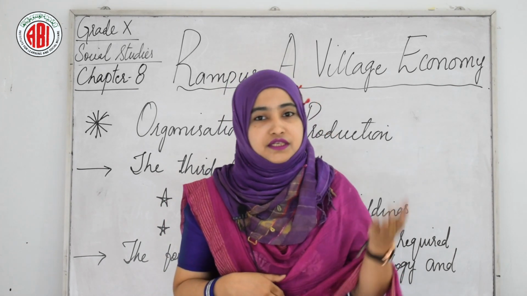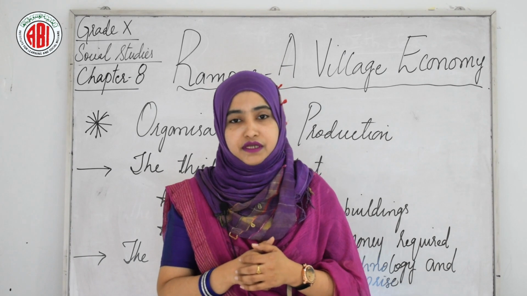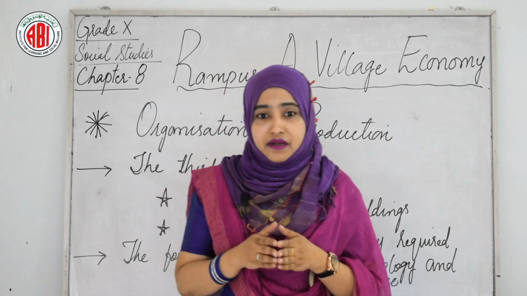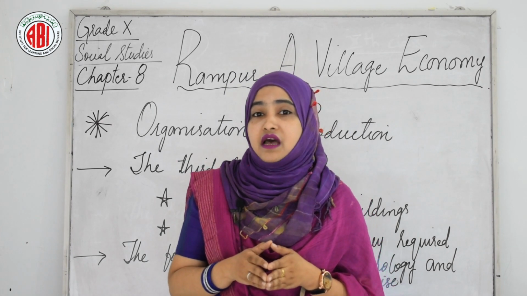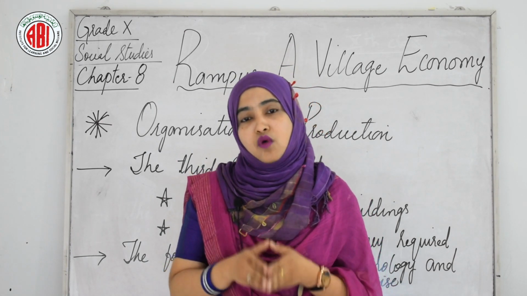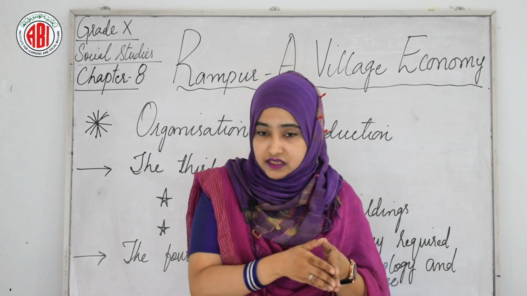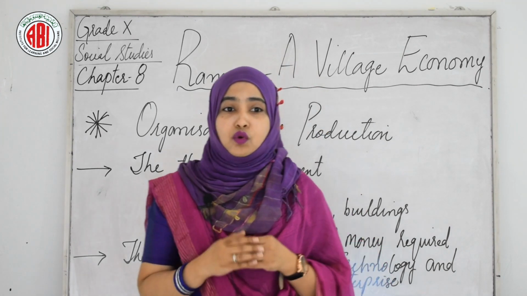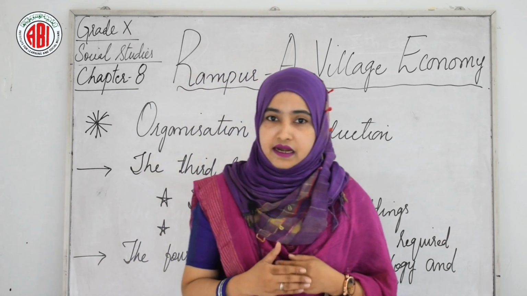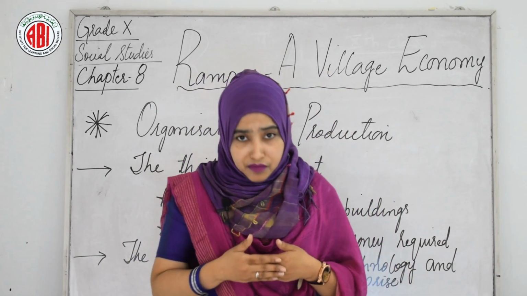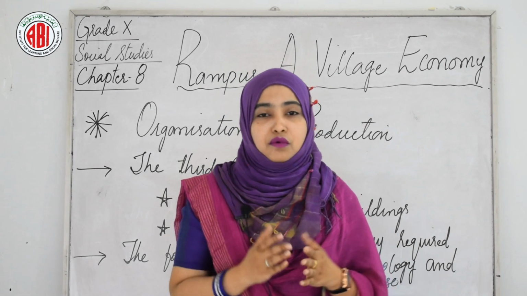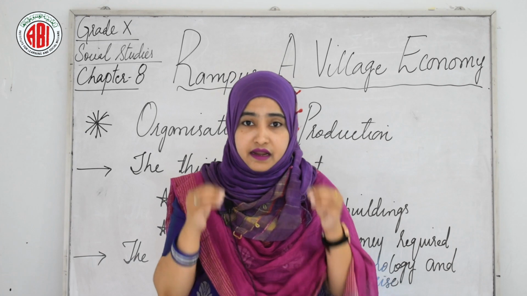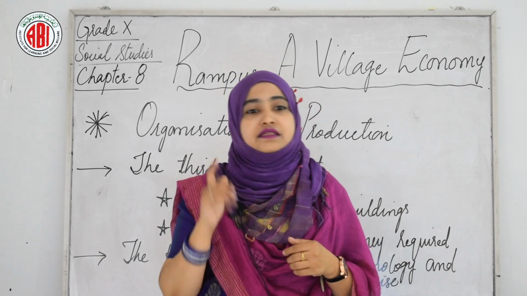After the third requirement, now we will discuss the fourth requirement. In the fourth requirement, technology and enterprise are very essential. To be able to use land, labor and physical capital in a meaningful way to produce some goods or services, knowledge of the process of production and confidence is essential.